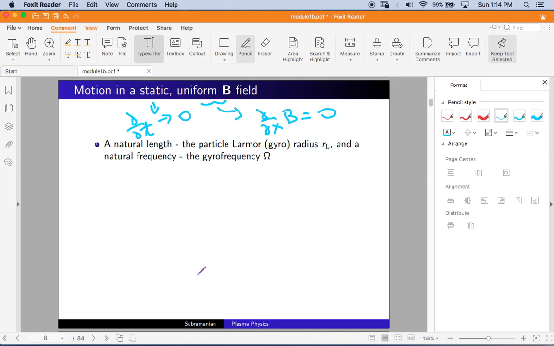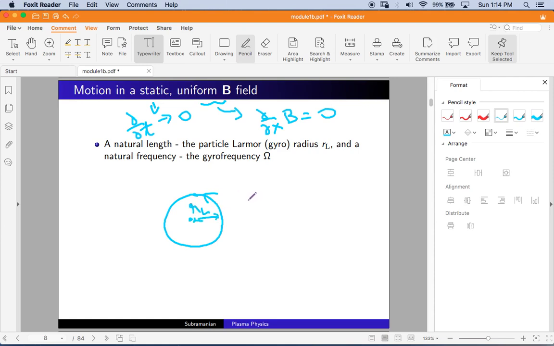A natural length would be the particle gyro radius. This is why I also specified this in the prerequisite problem set that I gave you, problem set 0. Please derive the fact that in a magnetic field pointing out towards you, a charged particle will execute strictly circular motion, and the radius is the Larmor radius.